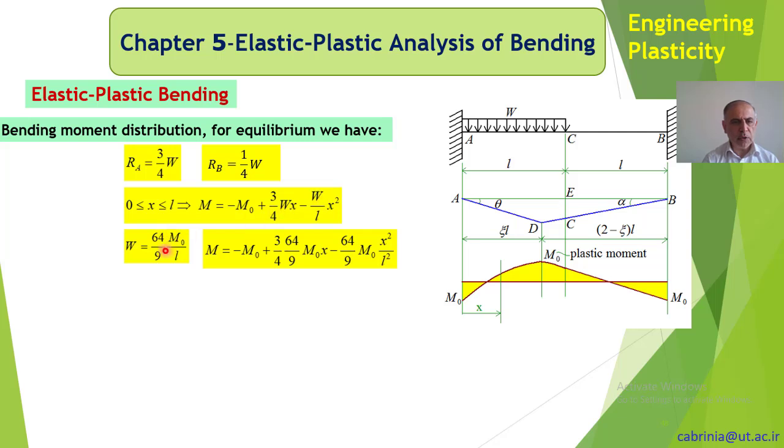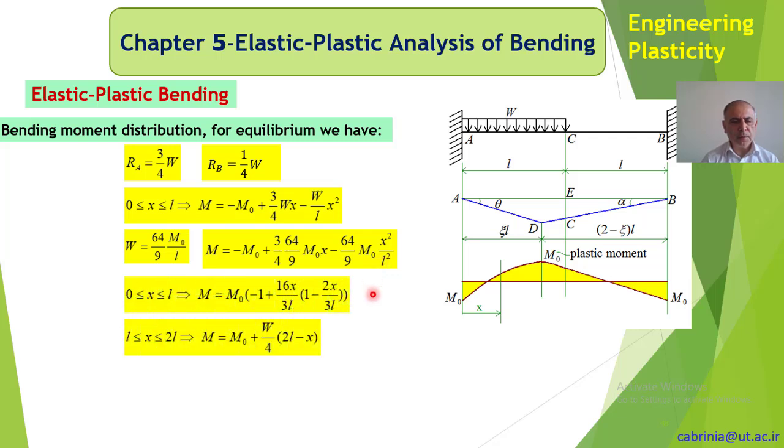And if we substitute for W, which we have just obtained, we get M equal to that. Okay, so you can simplify that, M is equal to MO times that. And from the middle up to there, C to B, also x is greater than or equal to L, smaller or equal to 2L, therefore M is equal to MO plus W over 4 times 2L minus x.